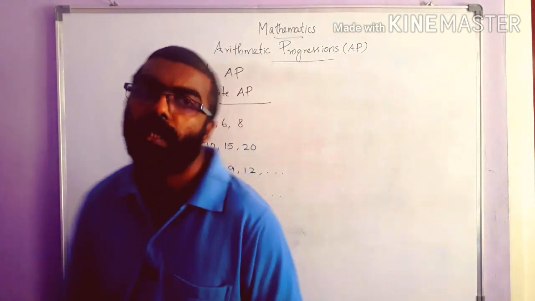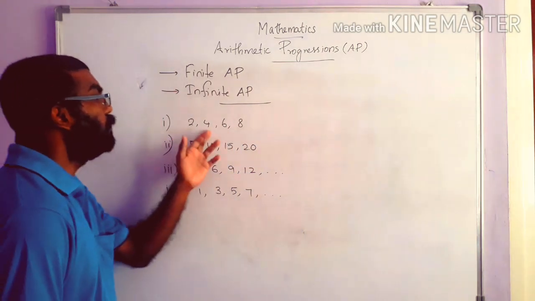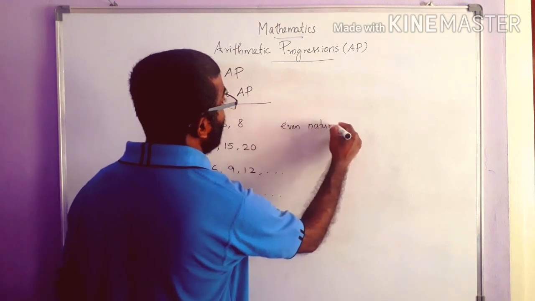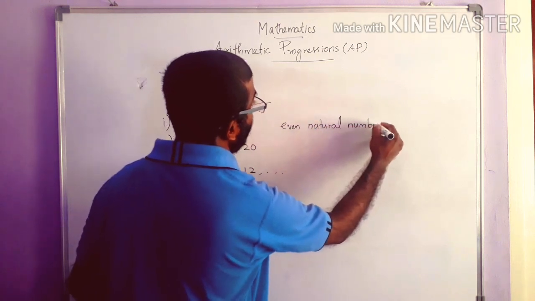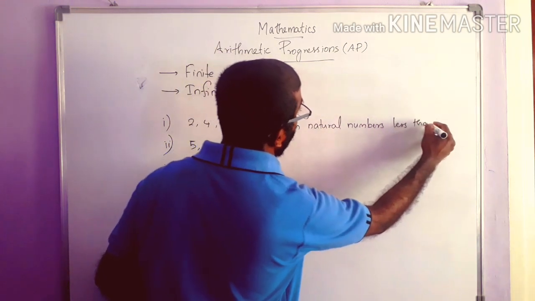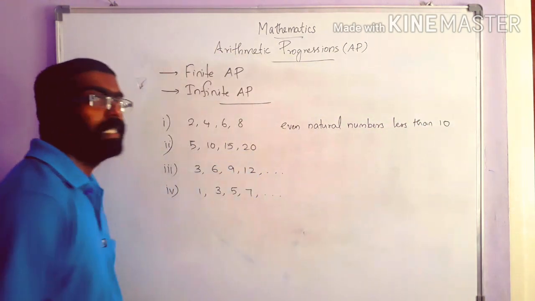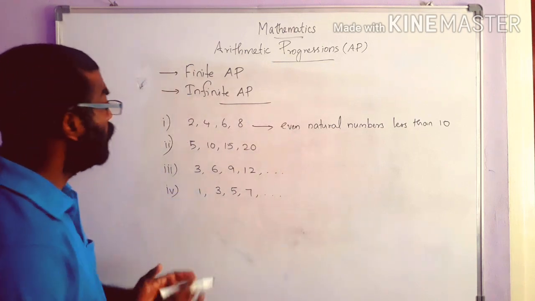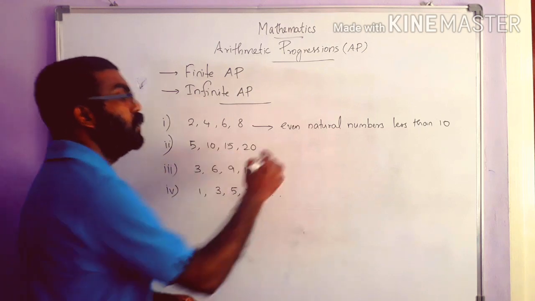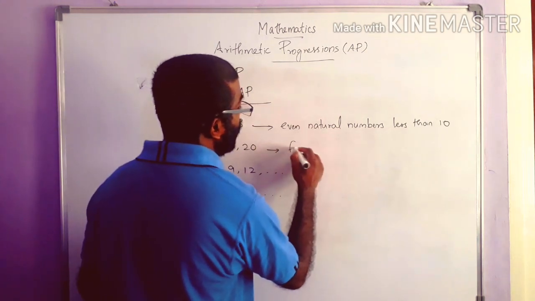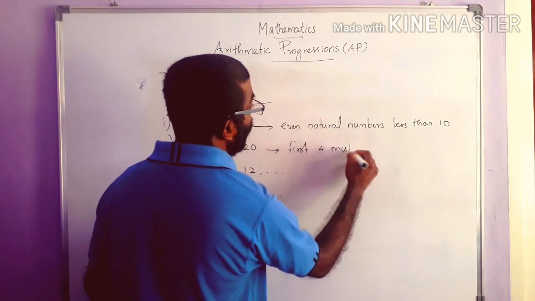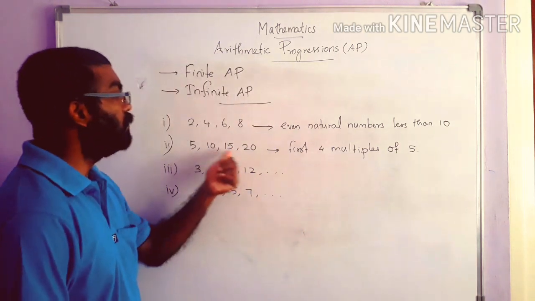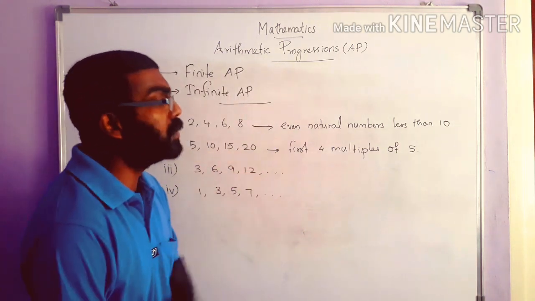Now observe the first two examples. 2, 4, 6, 8 is the set of even natural numbers less than 10. And 5, 10, 15, 20 are the first 4 multiples of 5.